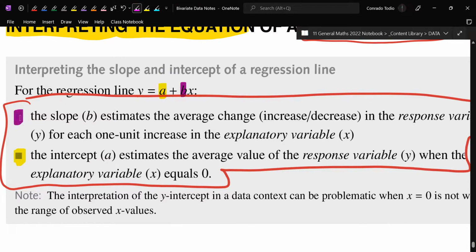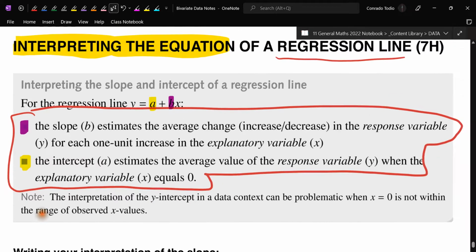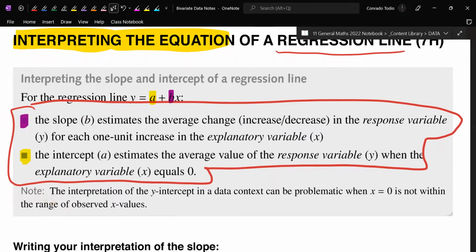So make sure you interpret both A and B. So for interpreting B, which is the slope in this case, you have to write the slope and tell me what's the value of that slope, which is going to be B. Estimates the average change, increase or decrease. So if it's a positive line or a positive slope, it's increase. If it's a negative line or a negative slope, it's going to decrease. Keep in mind that part of the sentence as well.